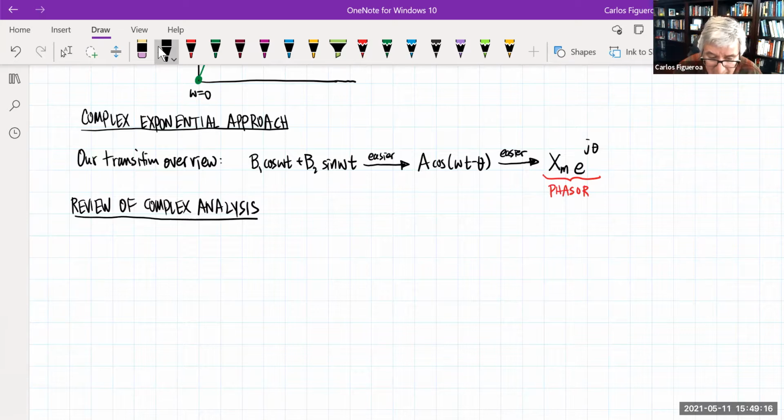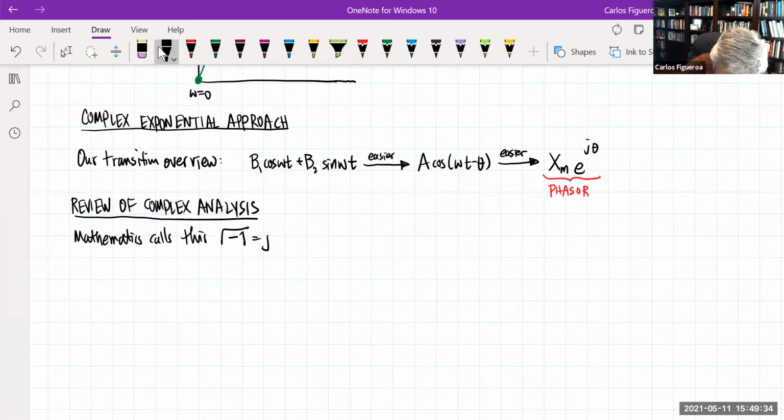And it's not that bad. And what you'll see here is that mathematics calls this square root of -1, which we use j because we can't use i because of current, an imaginary number.